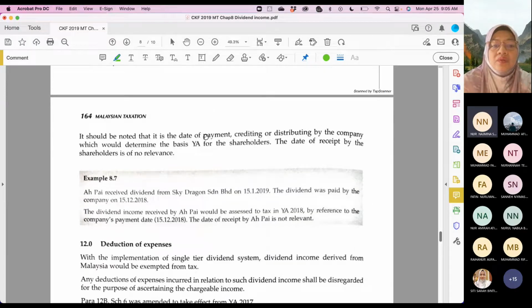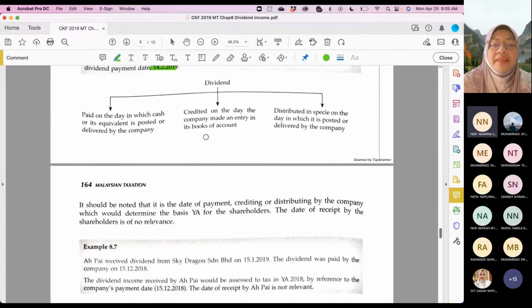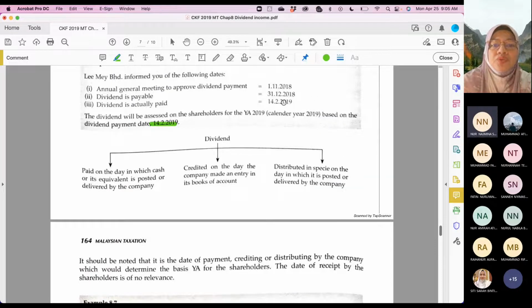The date of receipt by the shareholder is of no relevance. Remember that, even though it says you actually pay on 14th of February. Now with online transactions, you credit the account of the shareholder, so it's immediate, no problem.